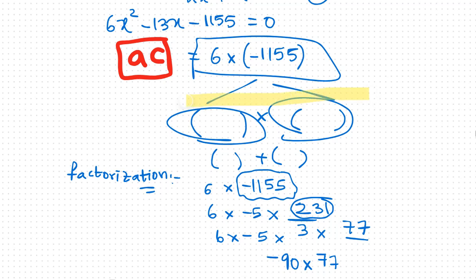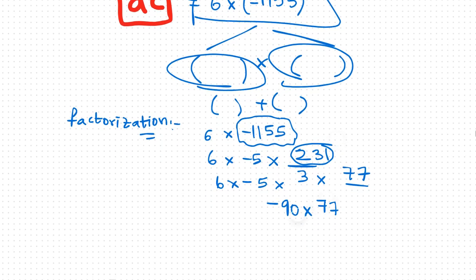The objective is to write it as a product of two numbers such that those two numbers add up to negative 13. Negative 90 times 77.